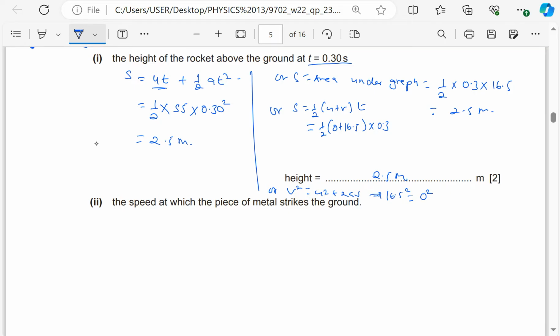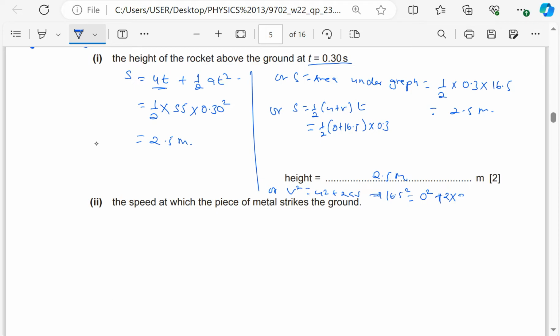It was moving against gravity, so I'll say minus 2 times 16 squared equals 0 squared minus 2 times 9, no, the acceleration is 55.